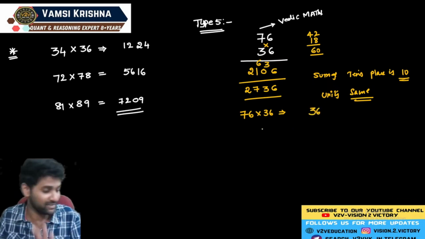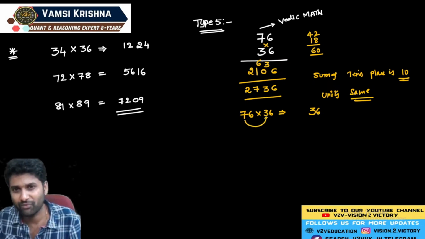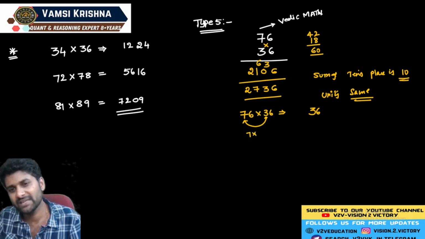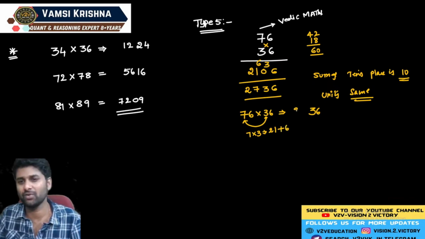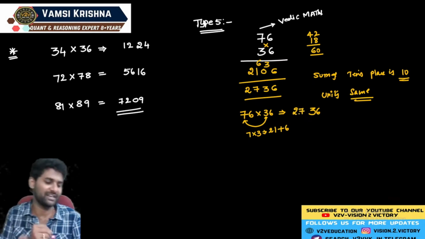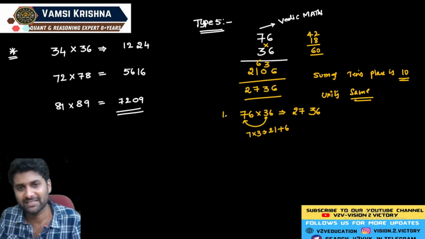What about the previous one, guys? Previous one means multiply these two numbers. See, if 7 is multiplied by 3, you will get 21. Now the common number in units place should be added to the previous result. And now, the answer is 2736.